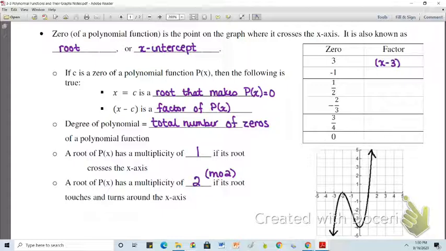If I have x equals 3 here, and I want to make it a factor, I need to set it equal to 0, so I'd subtract 3 from both sides. It's basically going backwards from what we've done in the past. So a zero at -1 would be x plus 1. It is always the opposite sign.